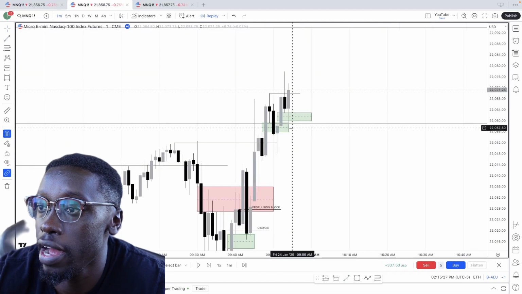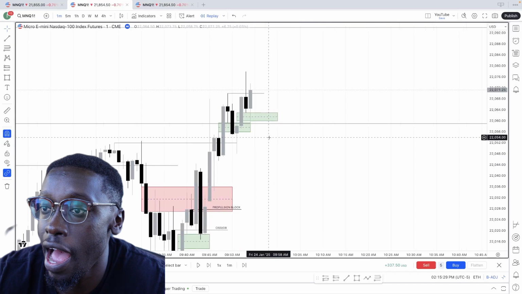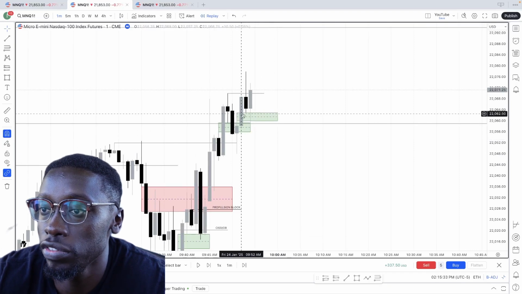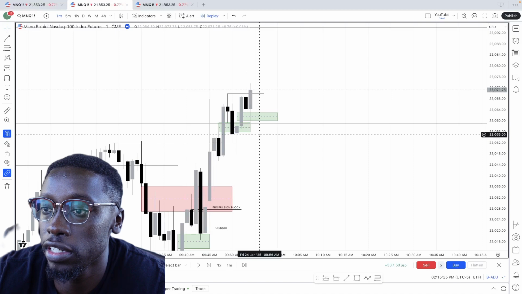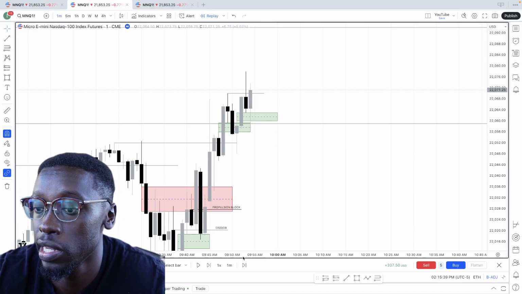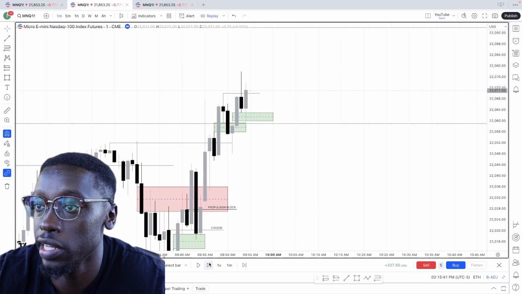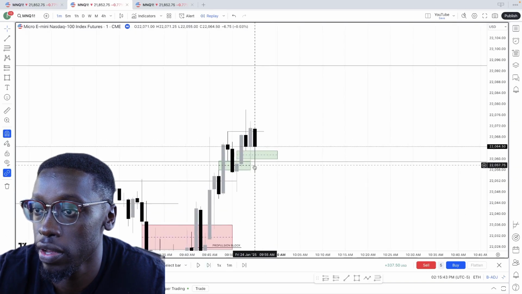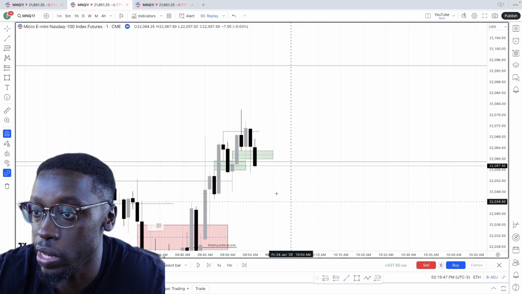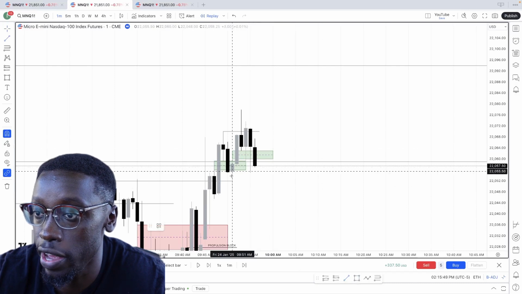And so at this point now, if the market is going to reverse, I potentially want to see us begin to disrespect these bullish fair value gaps and have a change in state of delivery, meaning the order flow will change from bullish to bearish. So you can see here at 9:55, we begin to trade back down into this fair value gap. We now disrespect this bullish fair value gap.